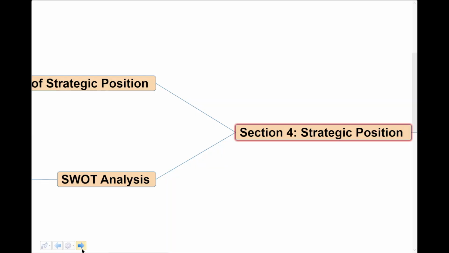Let's look at strategic position. Now, we started off this particular area, this mind map, by saying that there are two sides to every analysis, or there should be, at least. External, yes, very important, tools and techniques such as PEST, Porter's Five Forces, etc., but also internal.